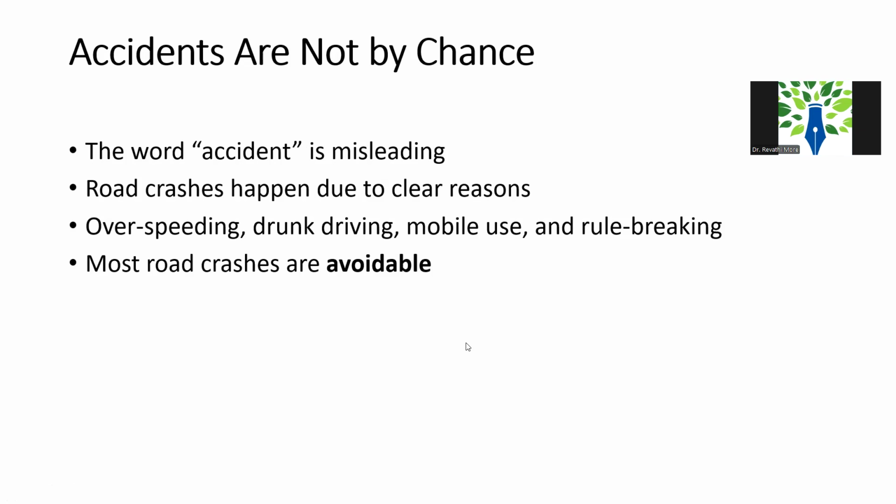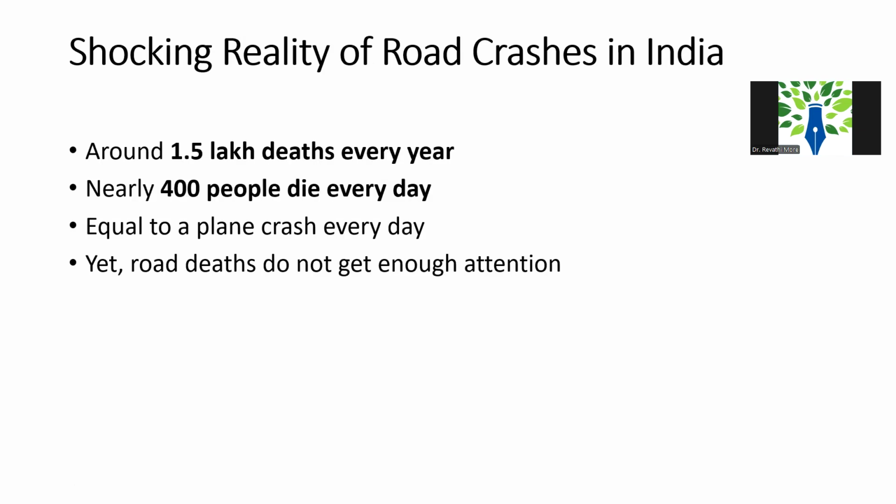Most road crashes are avoidable. So that's why the title of this video is Role of Road Safety in Character and Nation Building. Everybody should be responsible while driving, is what he says. Then we can reduce the number of accidents.